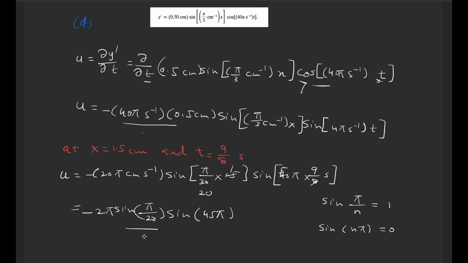So this term will be equal to 1 and this term will be equal to 0. So 0 multiplied by anything is equal to 0. So we will get 0. So velocity will be equal to 0 meter per second. So this is the answer.